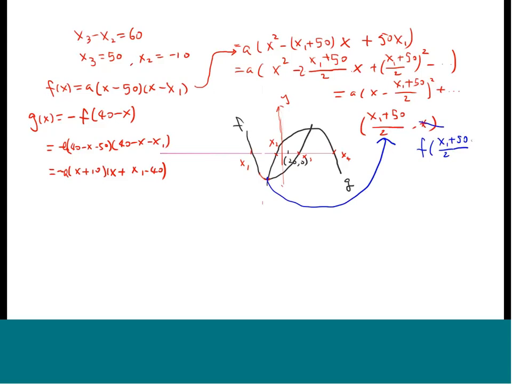So this is the point. If it's passed by, okay, let's put it on g, then you plug into here, you get g, right?